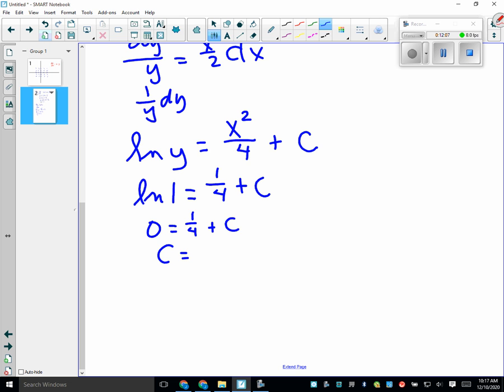What is c? Right? So is my equation ln of y equals 1/4 x minus 1/4? Is that true?